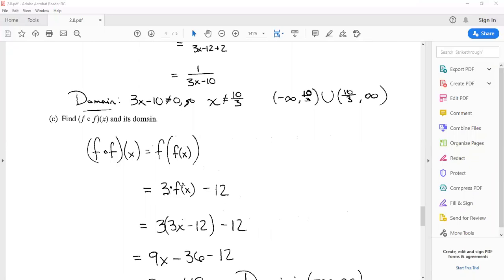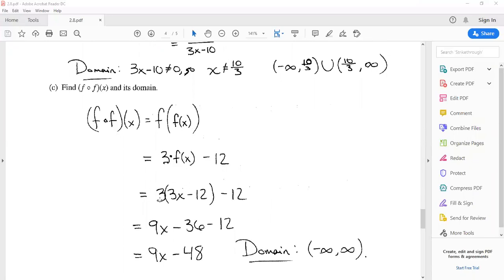And then we'll remember that f of x was 3x minus 12. I don't know how we could forget at this point. And so we have 3 times the quantity 3x minus 12, all minus 12. Well, if we want to write out this one, we have 3 times 3x is 9x, and 3 times 12 is 36.